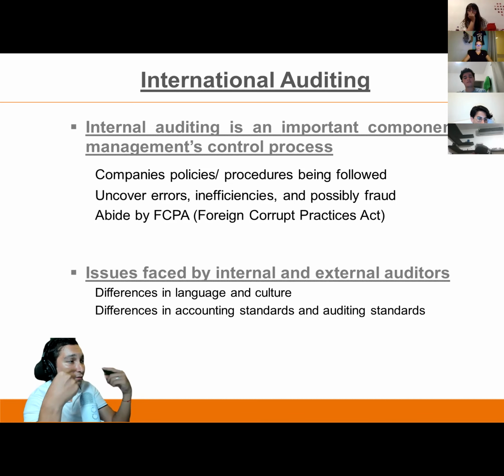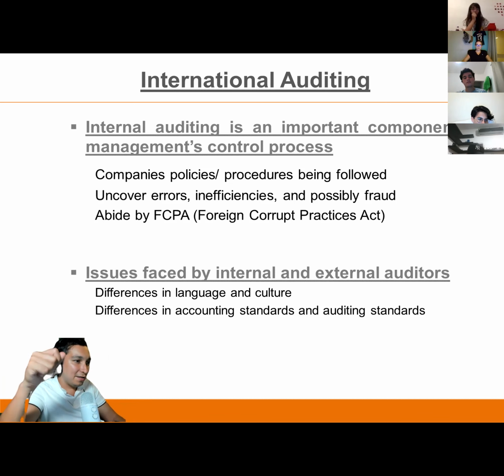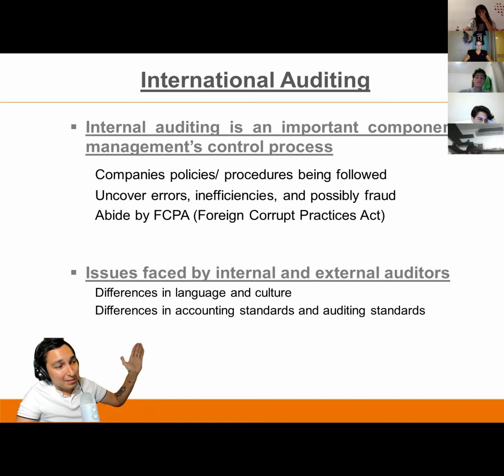I wasn't an auditor, but I was a controller, and I assessed this part. I checked it because yes, there are a lot of issues. First of all, it's the difference in language and culture.